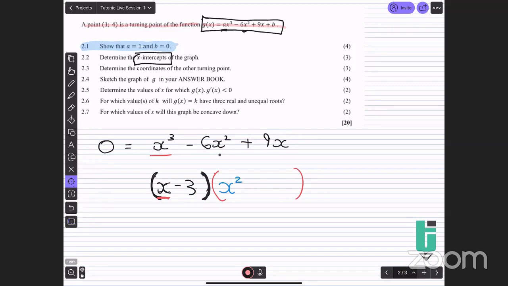So I've got minus 3 already, but I need another minus 3. I can get that by writing minus 3x. That gives me minus 3x squared, which gives me minus 6x squared. And then minus 3 times minus 3x is just 9x.